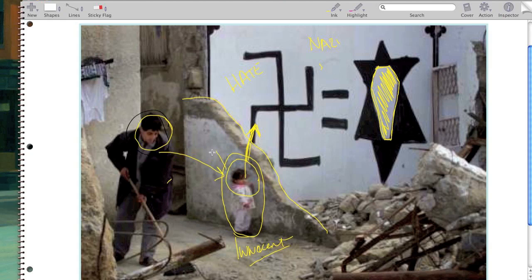Also, I think that we could say that this little girl, in some ways, represents hope for the future. That maybe she can see this message on the wall and start to reverse some of those things because of the hard work of her dad and the people before her. So maybe it's a hopeful message as well. I don't really want to talk for too much longer than that.